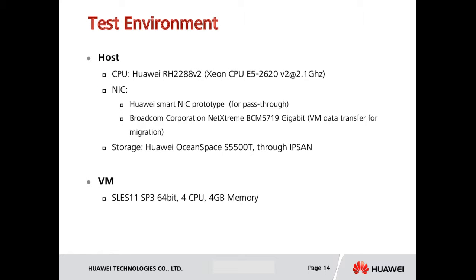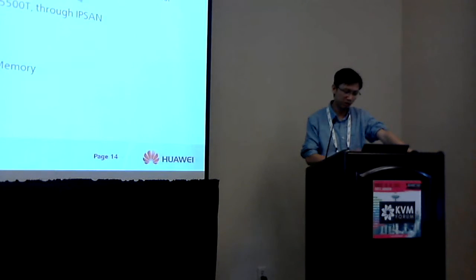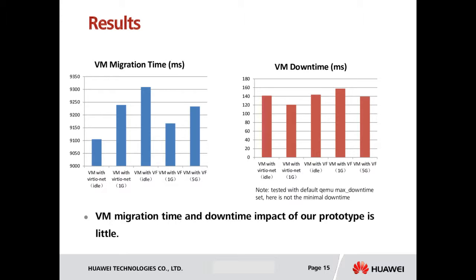We also did some evaluation based on this prototype. The environment is simple. We use Huawei's prototype NIC, the migration NIC is 1 gigabit, and we use shared storage. The VM has 4 gigabytes of memory. Here are some results about the total migration time and the VM downtime.